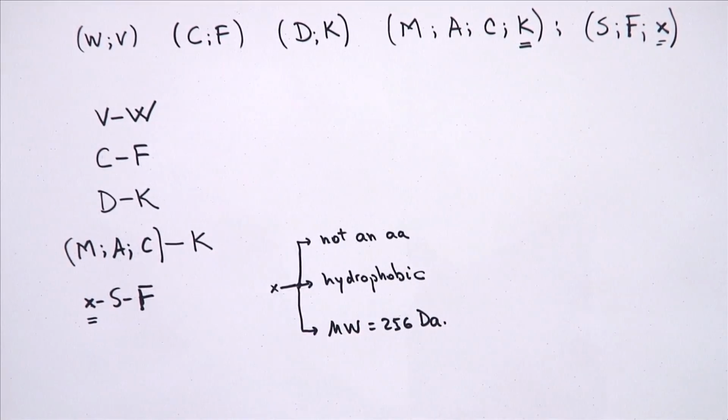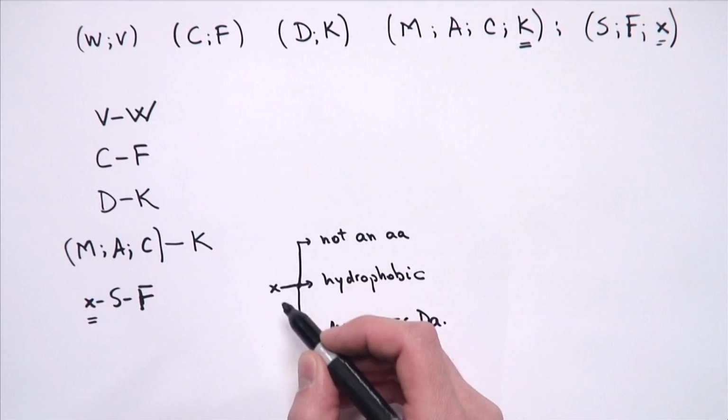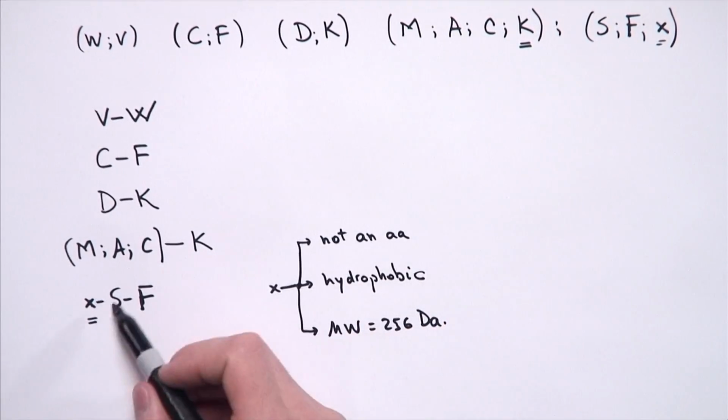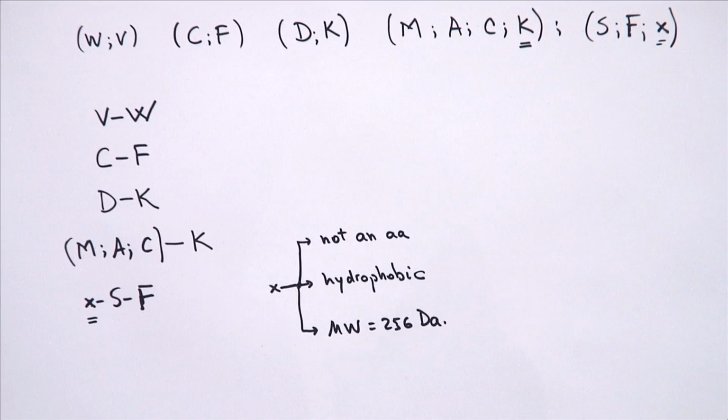All right, so in order to figure out what X is, we have to read back the beginning of the problem, which tells us that we're looking at a protein that's associated with the plasma membrane. And one way for proteins to associate with the plasma membrane is to be modified to incorporate a fatty acid such as palmitate. So perhaps X, which is blocking the N terminus of this peptide, is a fatty acid.